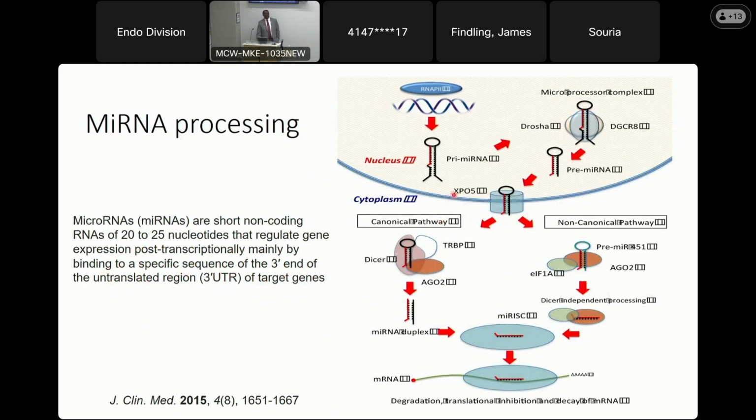And this is just a schematic showing you that those microRNAs are transcribed, and then processed as pre-miRs and leave the nucleus, then become mature microRNAs within the RISC complex, in which AGO2 is a major protein, which is where they actually interact with the mRNA that they're targeting.